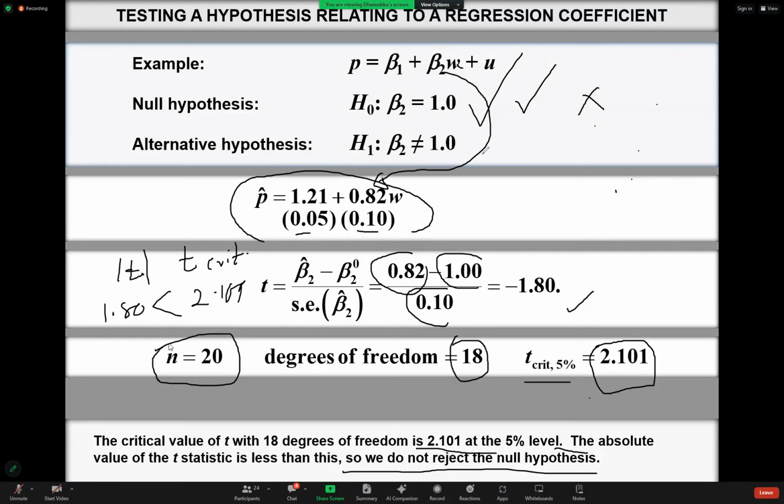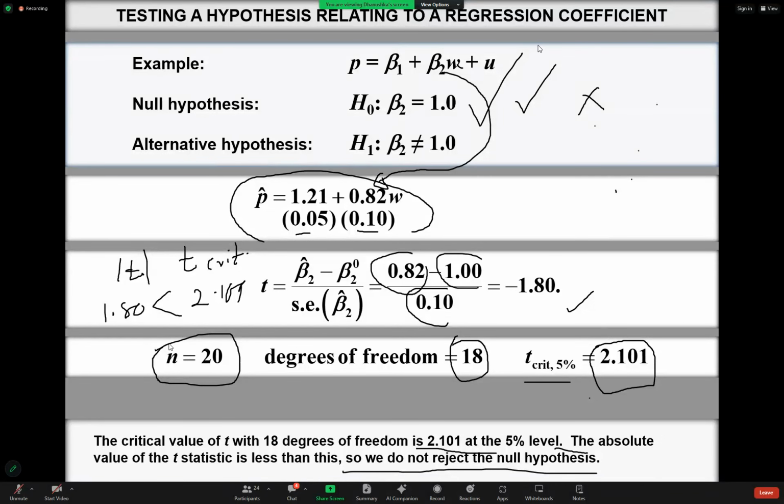That means at 95% confidence level, we can say there is a one-to-one relationship between price and wage. When the wage increases by some percentage, the price also increases by the same percentage.